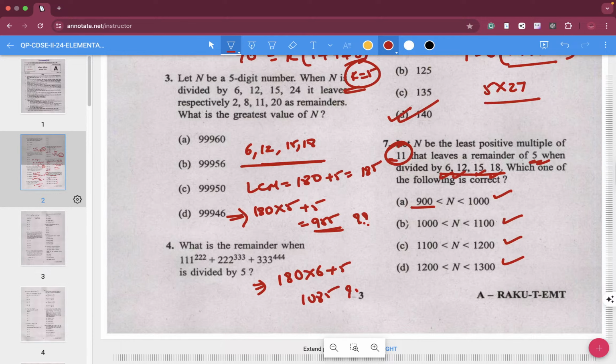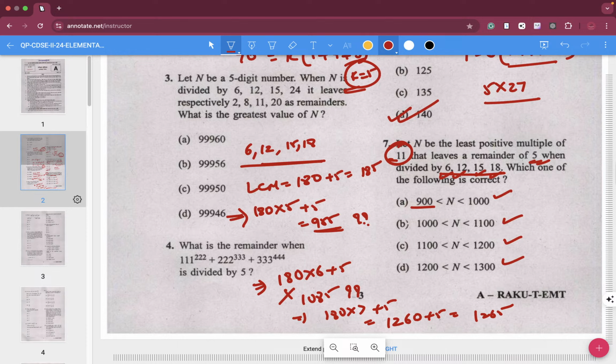Is this number divisible by 11? No, again no. So 180 into 7 plus 5, so 1260 plus 5, 1265. So 1265.